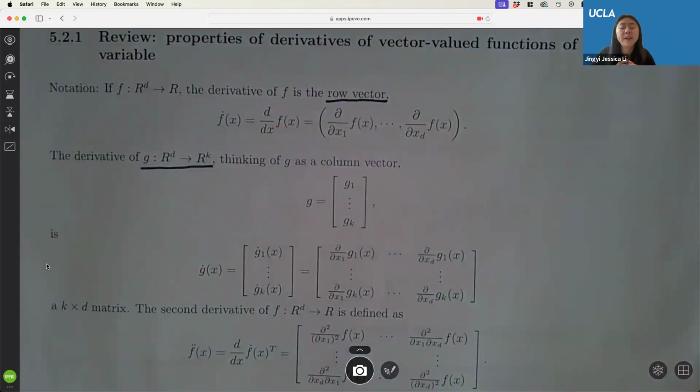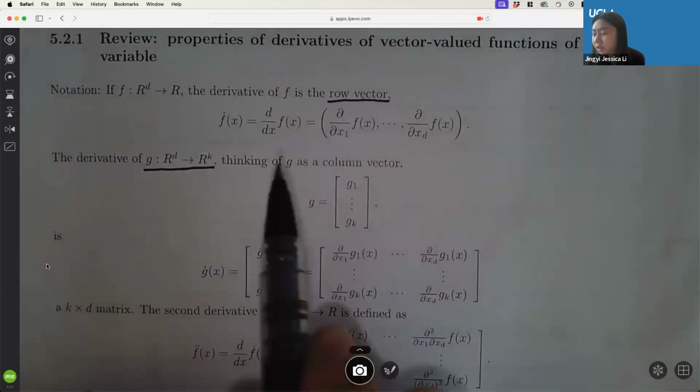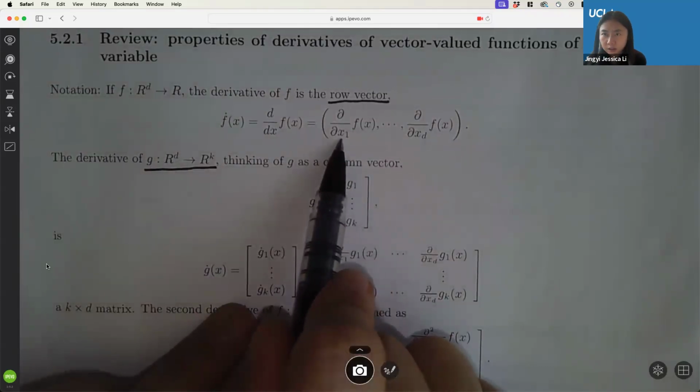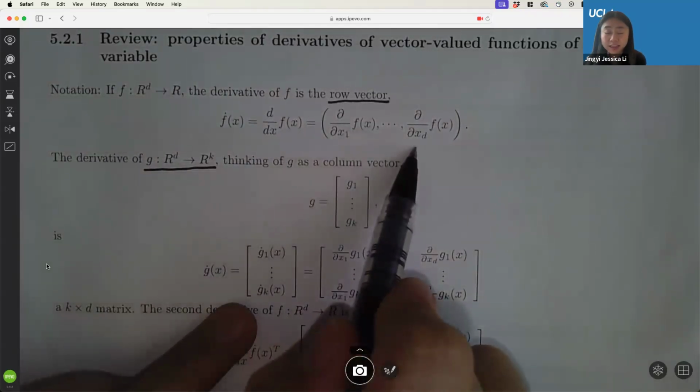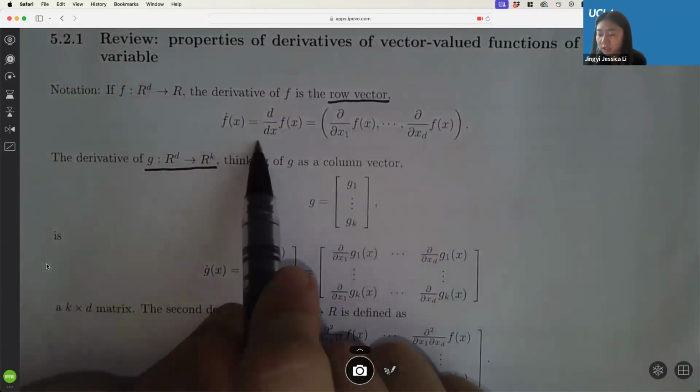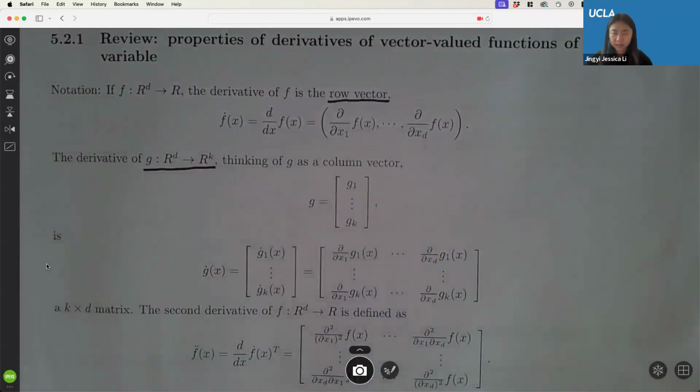People also call this the gradient, the first order derivative of a real valued function of a vector. Essentially, you are taking the partial derivative of f against each dimension in the input, 1 to d. Therefore, the derivative is a d-dimensional row vector for f.